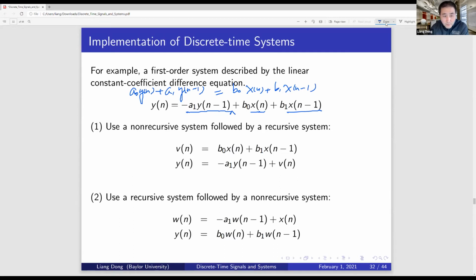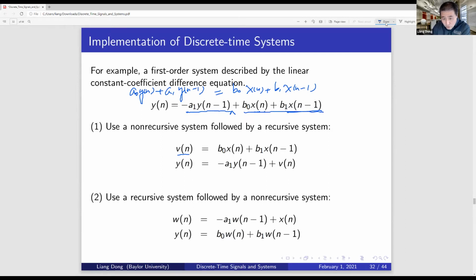How do we implement this system? How can we draw this in a block diagram and understand the relation between input and output? Let's break it into smaller pieces. First, let's use a non-recursive system followed by a recursive system. What I mean is that I have an intermediate term called v[n]. v[n] is this part.